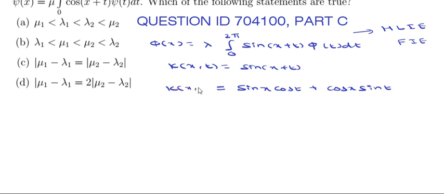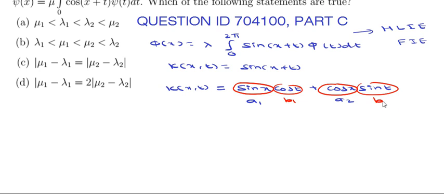So this is k of x comma t. This one can be taken as a1, this one is b1, this one is a2, and this one is b2.